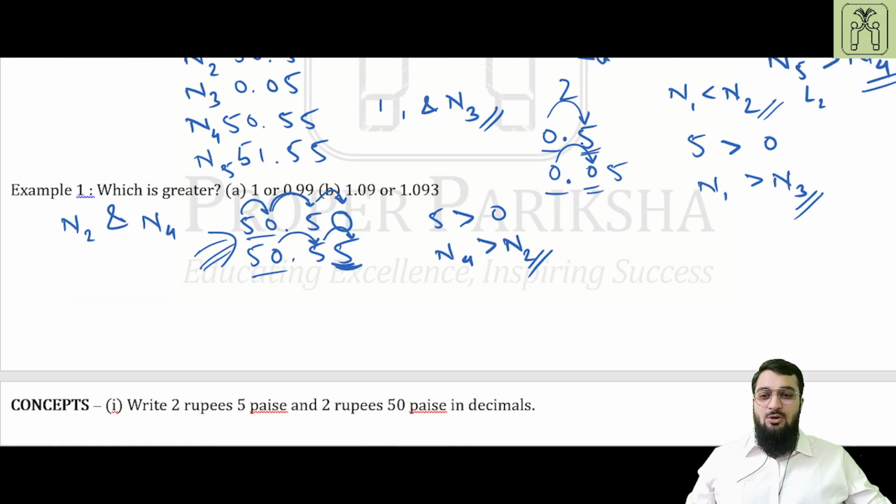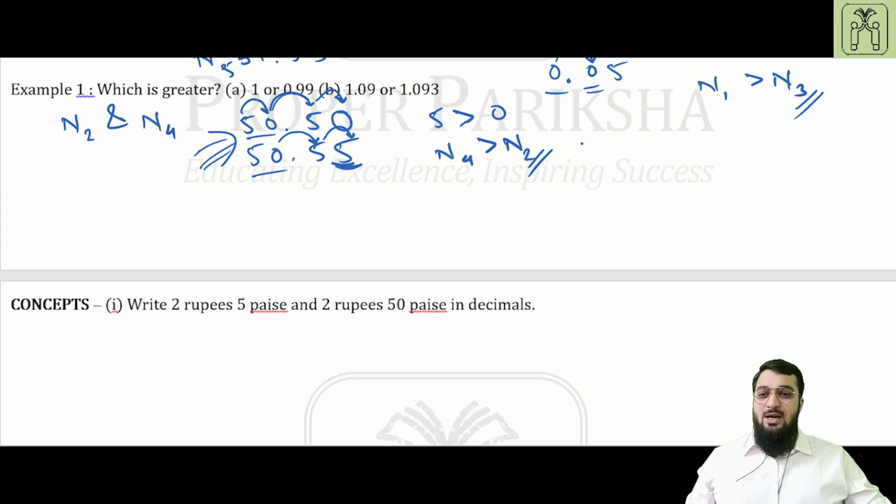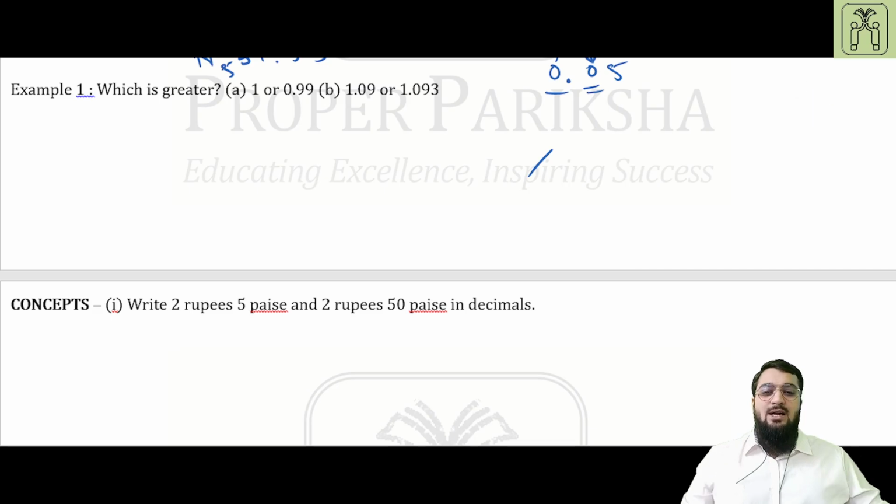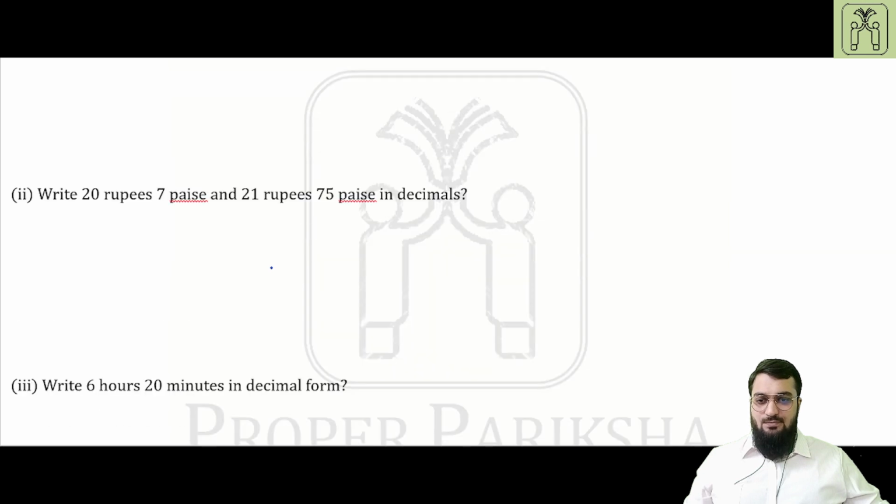Now we will move on to certain examples and we will understand how do we compare decimals. So I hope that you are able to grasp each and every concept of comparing decimals, and let us see if we discuss the example over here only. How many examples are there?